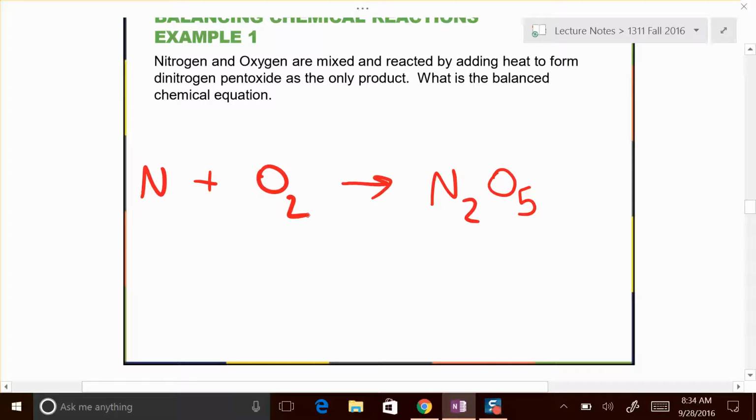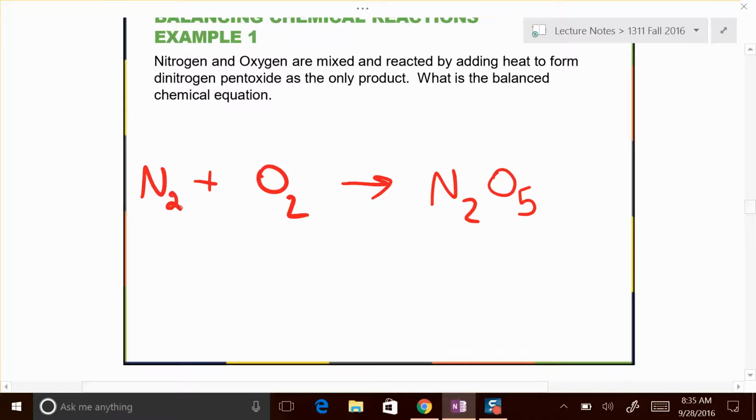Oxygen doesn't exist as a single oxygen. It starts out as the stuff I'm breathing in the air right now. It's not just a single oxygen, it's an oxygen molecule. It's O2, right? So that's how I need to show it, as O2. I'm starting out with an O2 molecule. You said the same thing for nitrogen. Yeah, nitrogen needs to do the same thing. Nitrogen in the air is also not just nitrogen all by itself.